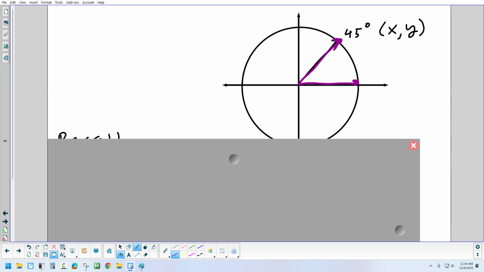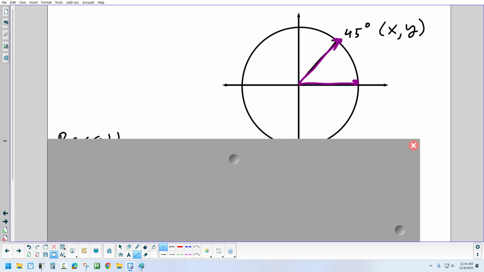Yeah? Triangle? All right, how would you make your triangle? You would start at the origin and go across until you reach the outer line of the circle, and then go up.